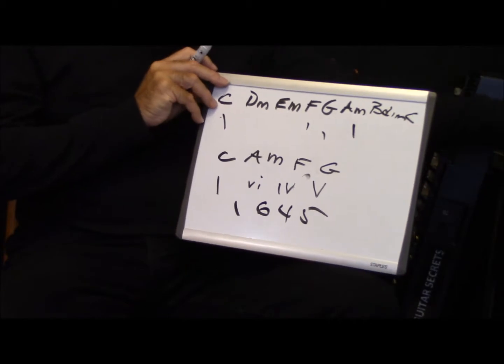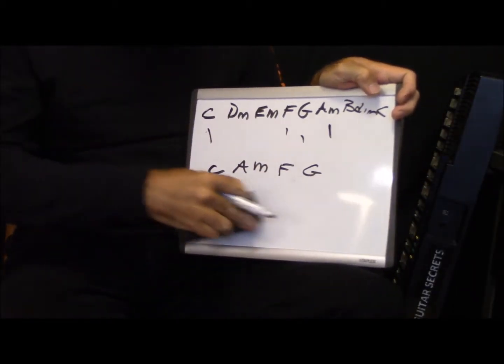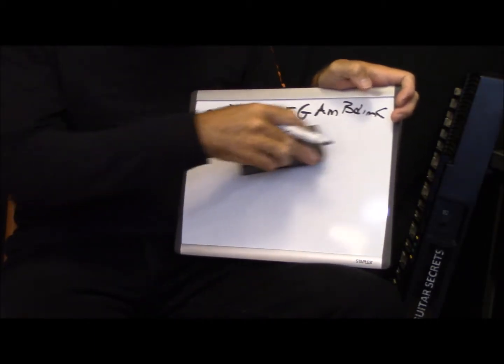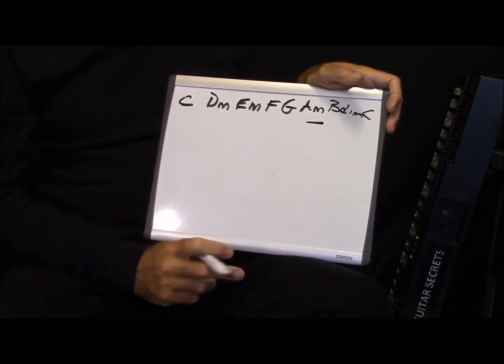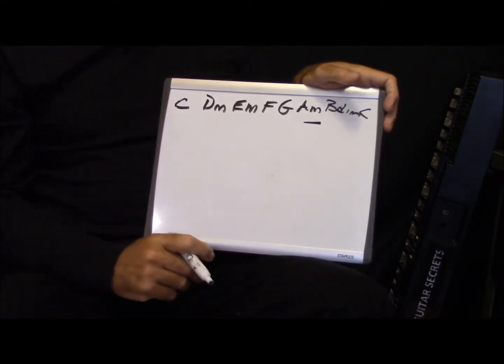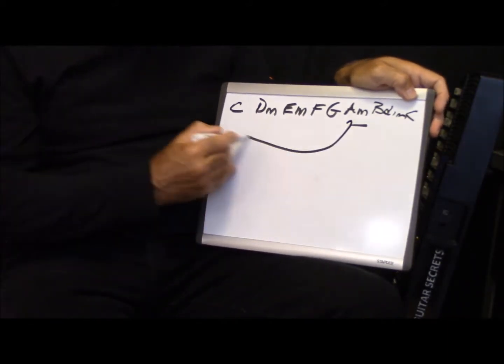Okay? It's that easy. Now, what happens if we're in a minor key? And we're going to stick with the key of C major. If you go to the 6th note of the major scale, it is always the relative minor of that particular major scale. And what you do is you start off by moving this number 6 note here to your number 1 note.